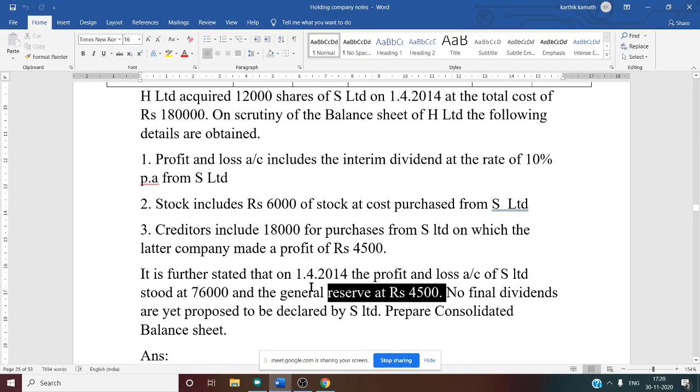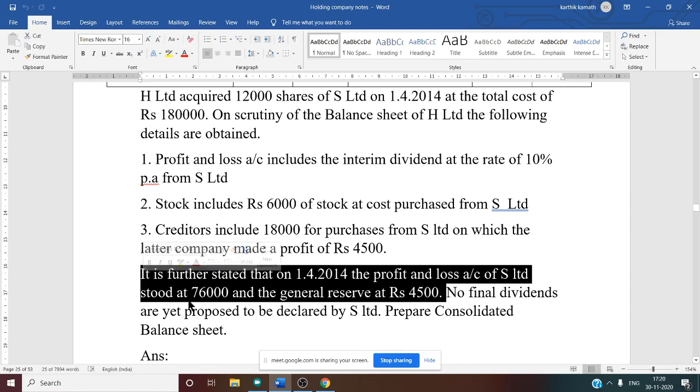Why can we say that it is pre? Because at the beginning of the year, that is on 1/4/2014, these balances were there, 76,000 and 4,500. That is why there is pre-acquisition reserve, that is 4,500, and pre-acquisition profit, that is 76,000.